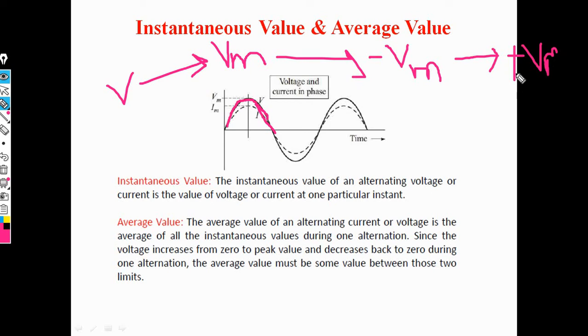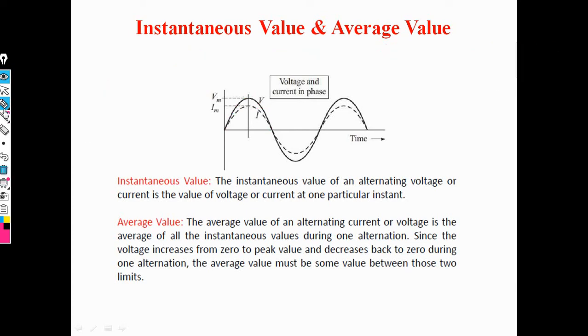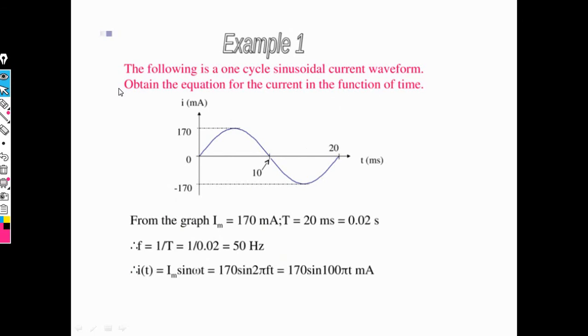Okay. Now the next point is an example, based on a one-cycle sinusoidal waveform, in which we have to obtain the current. This is the sinusoidal waveform, and this is the waveform of current.